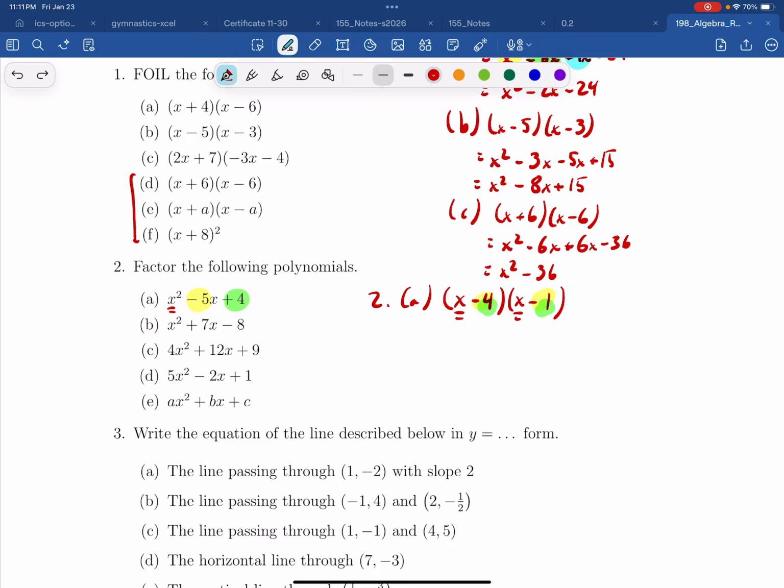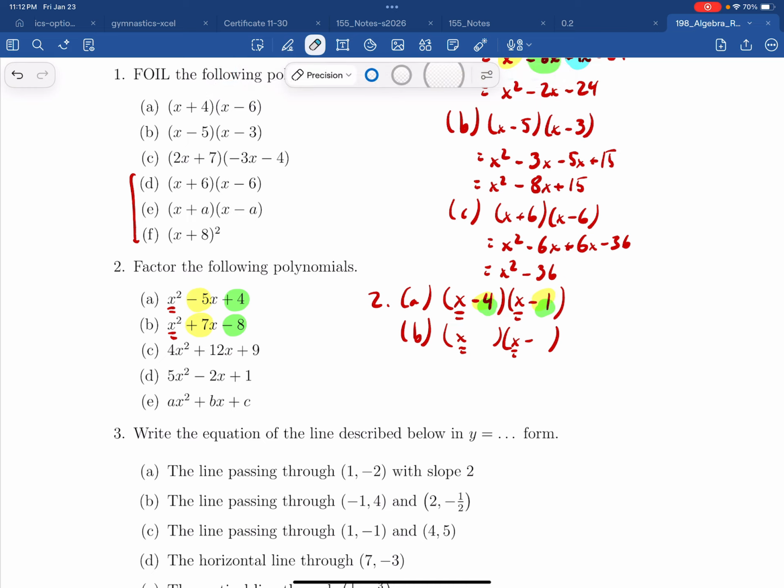So again, for part B, we find two terms. We know it's going to be x something and x something else, because again, we have this x squared term. Now, this term right here is a negative and that term is a positive. The fact that the green term is a negative means that one of these is going to be a plus and the other is going to be a minus, because two numbers multiplying to be a negative means that one of them is positive, one of them is negative.